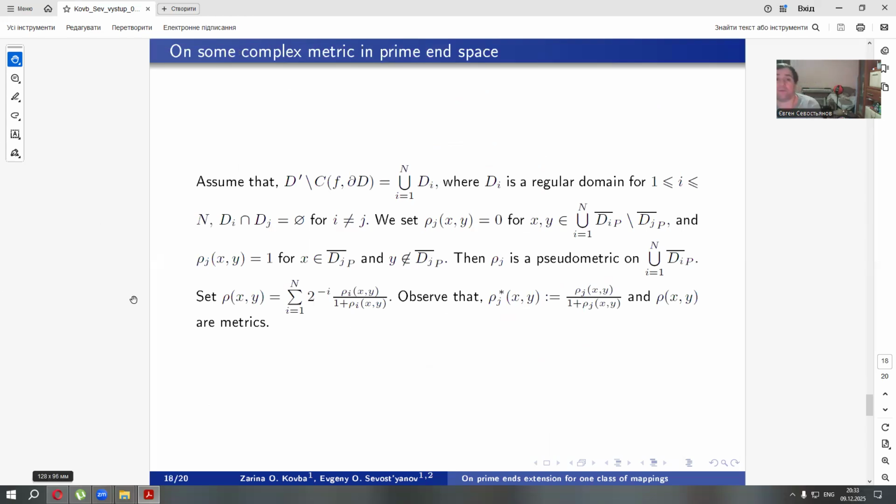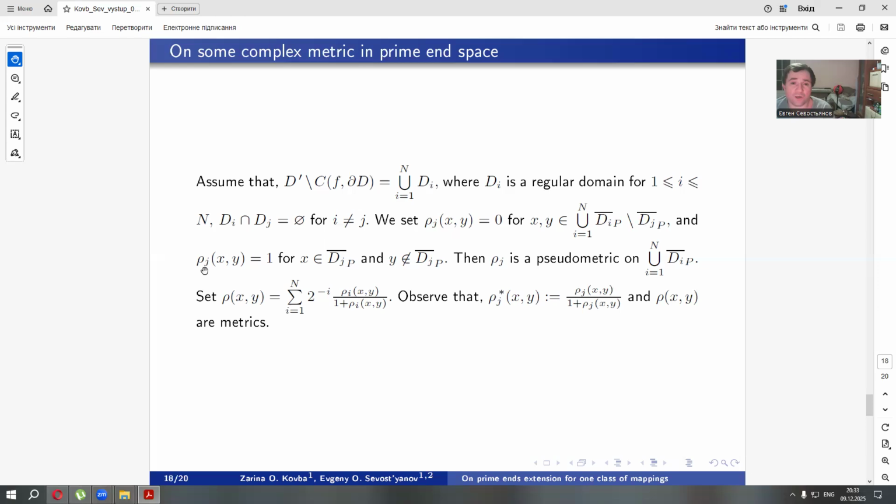Assume that D prime minus C(f, ∂D) consists of a finite number of domains, where any domain D_i is a regular domain in the definition mentioned above. Besides that, these domains are disjoint, and we set rho_g(x, y) equal to 0 if x and y belong to this set.